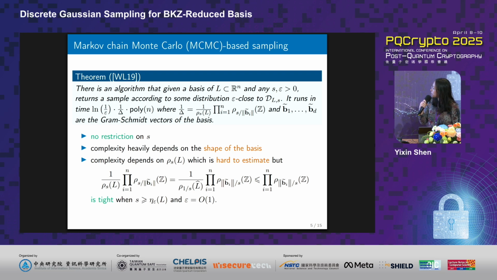By definition of the smoothing parameter, if this is the case, then the first factor can be upper bounded by some constant. So we only need to deal with the product term. And remark that because it's already difficult to sample below the smoothing parameter, this constraint is not a huge one. So for the rest of the talk, I will just assume that we are in a regime where S is larger than the smoothing parameter for constant epsilon.